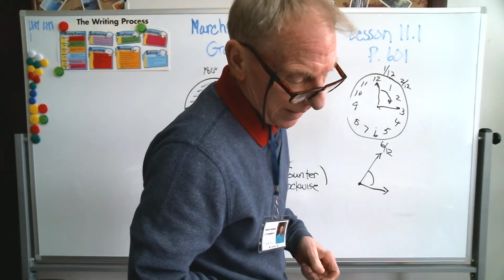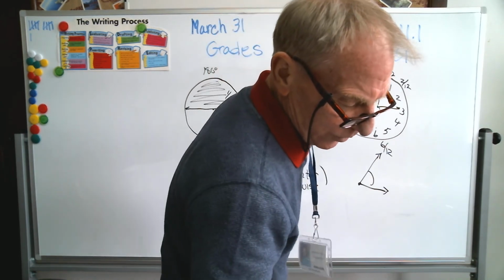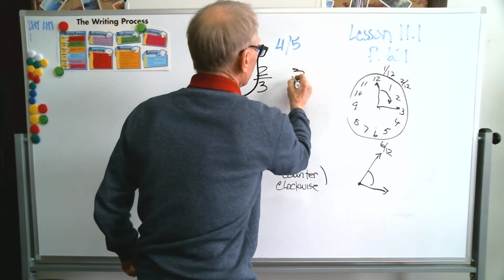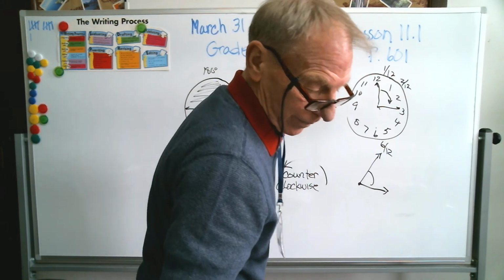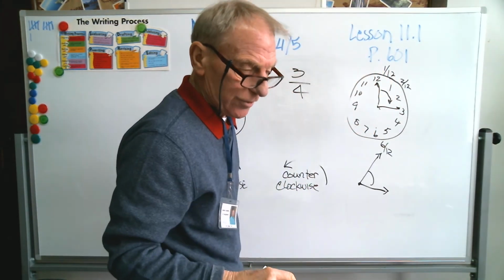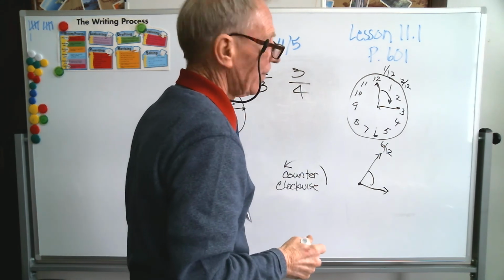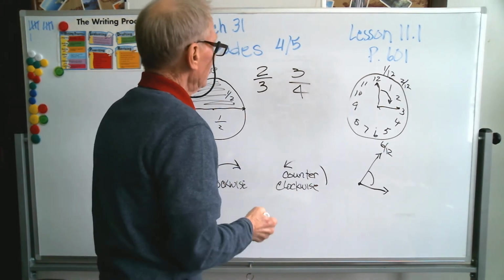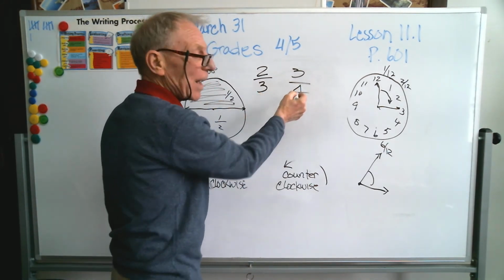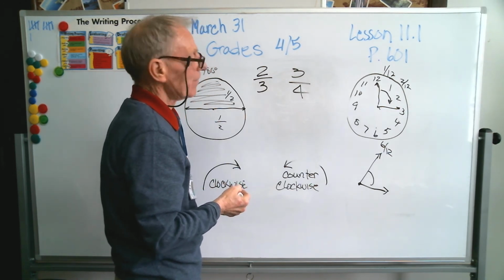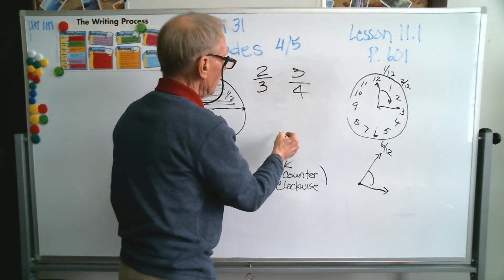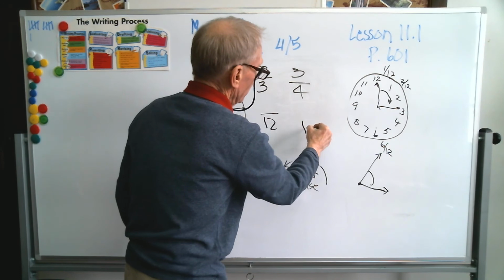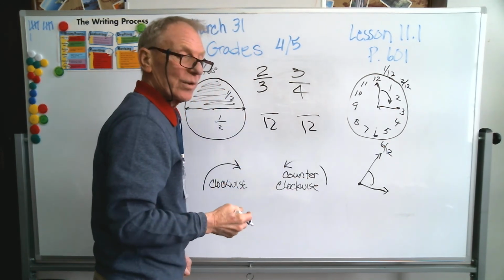And problem number 3 on page 606, it says, write 2/3 and 3/4 as a pair of fractions with a common denominator. Now, if you're really confused about figuring common denominators, multiply the 2 denominators together, which would be 12. So we're going to be for sure common with 12.